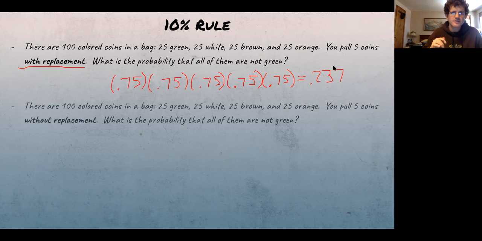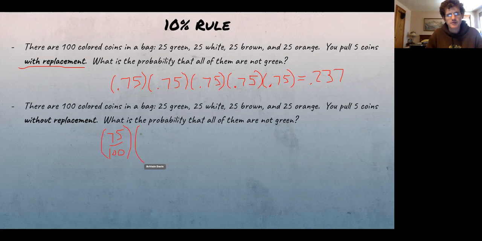Now let's do the same experiment, but without replacement. So we're going to pull a coin out, keep it out, and then draw from what remains in the bag. What's the probability that all are not green? The first time it's still 75 out of 100, but then we do this again.